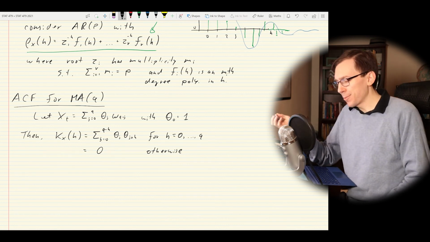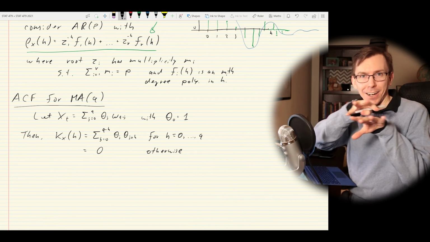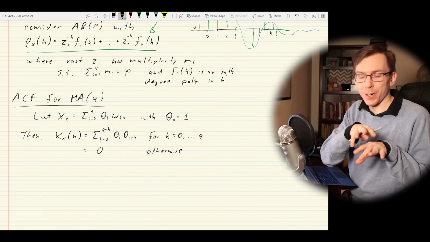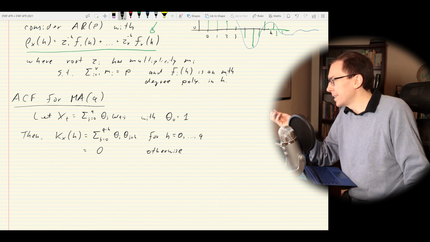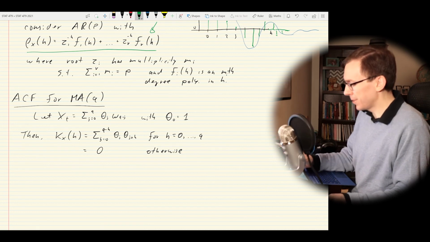So remember, the easiest way to see this is just to note that I take the series and I offset the coefficients and I multiply them term-wise together, and basically whenever white noise is squared, then you know what I didn't include? I probably forgot that up above too. I probably need a sigma squared in here.